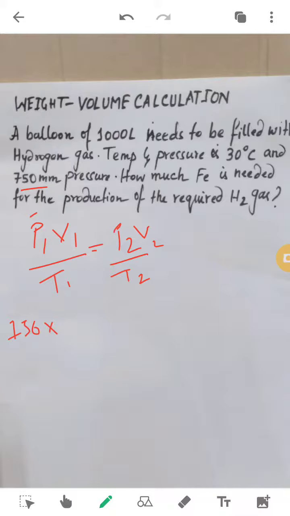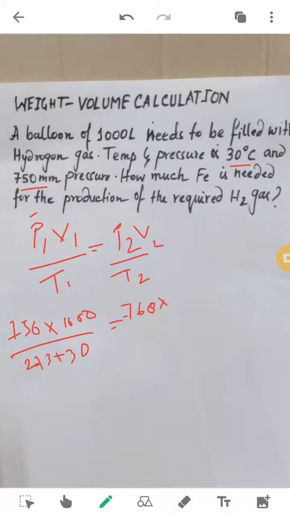Volume is given as 1000 because we require 1000 liter, divided by T1, which is given as 30 degrees centigrade. You always convert it into Kelvin, so you get 273 plus 30. Now equals P2V2 by T2, that is 760 pressure always.